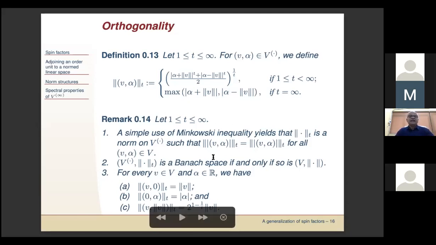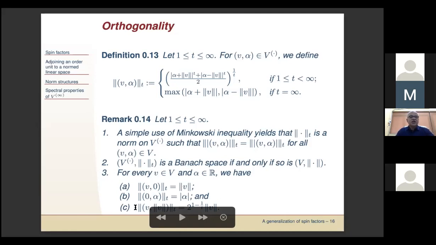Of course, it's very easy to check that this becomes a norm. We just need to use the Minkowski inequality. Then we see that in this T norm, V can be embedded in V dot, and similarly the other component R also can be embedded in V dot.